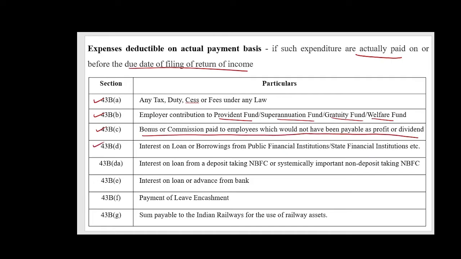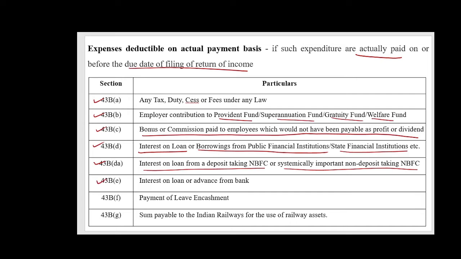The next is in relation to interest on loan or borrowings from public financial institutions or state financial institutions. The next is interest on loan from a deposit taking NBFC or systemically important non deposit taking NBFC.